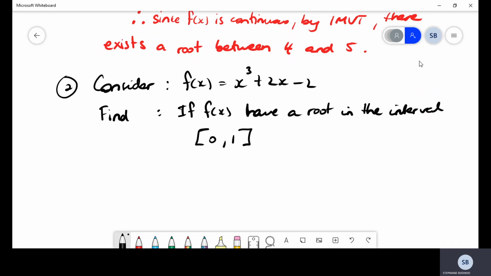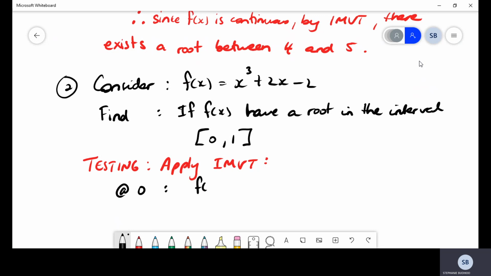Now, testing for a root, we're going to apply that intermediate value theorem. Applying the theorem, we would use the first interval value at 0.